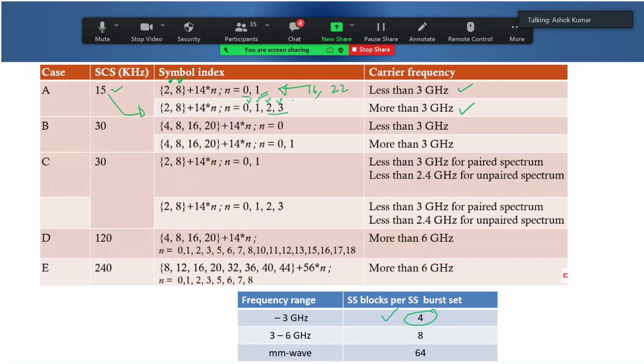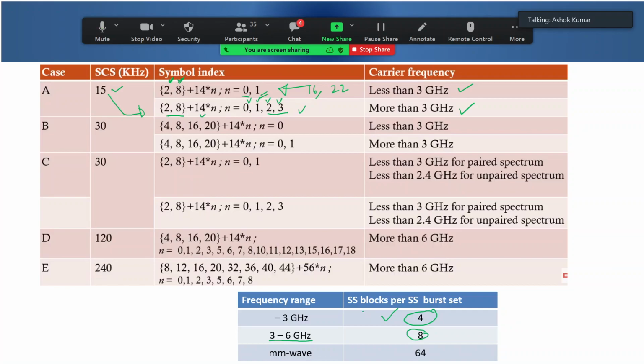That means here we had 4 number of SS blocks. Here we'll have 8 because this 2 and 8 will repeat after 14 number of symbols 4 times. So for frequencies which are 3 to 6 gigahertz, maximum number of SS block possible would be 8.